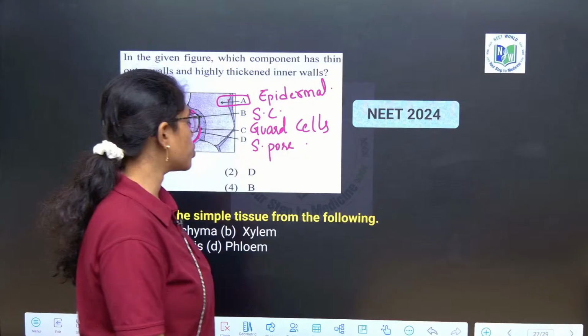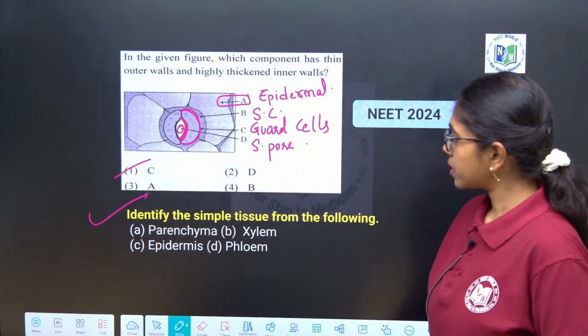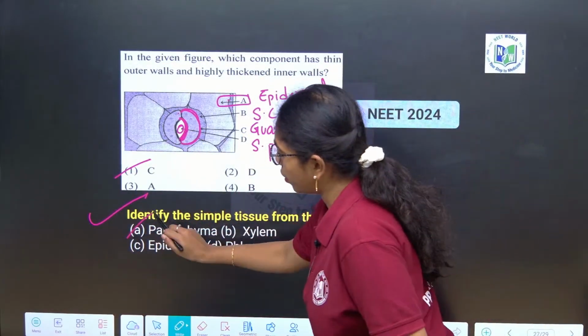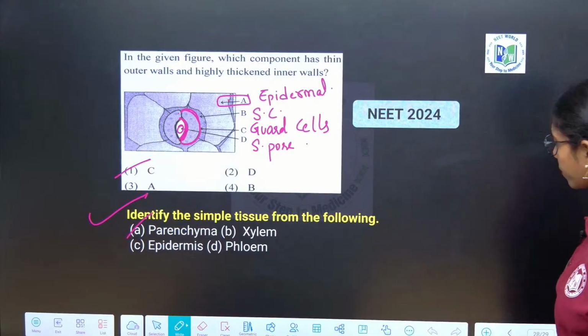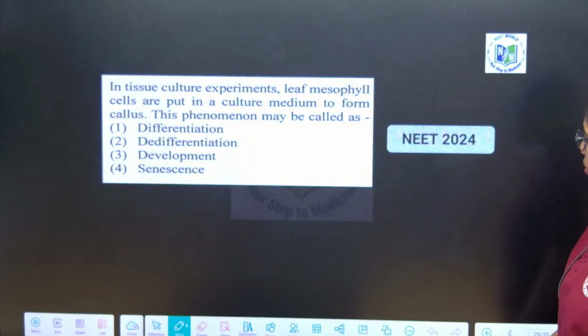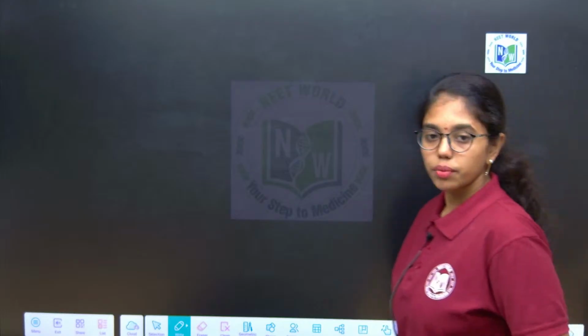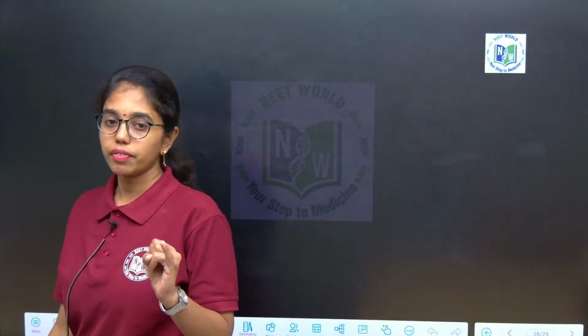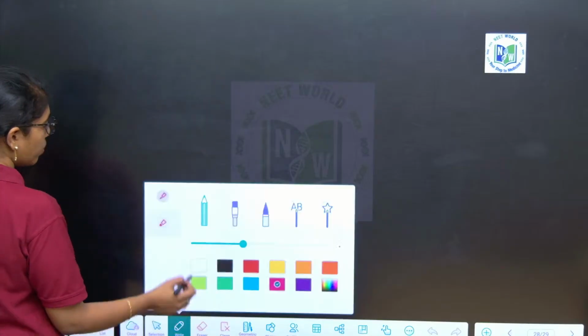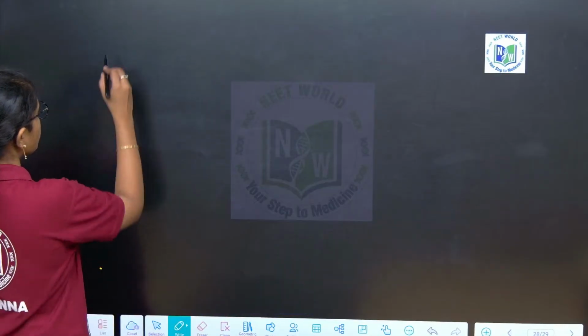Identify the simple tissue from the following. Simple tissue, parenchyma, good, okay. This question you can answer by knowing the concept of differentiation, dedifferentiation and redifferentiation. So, first you tell me what are the meristematic tissues?